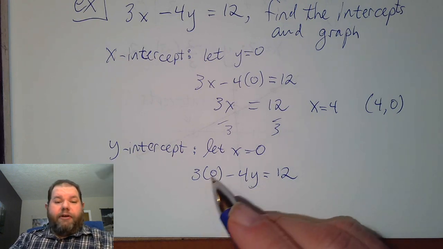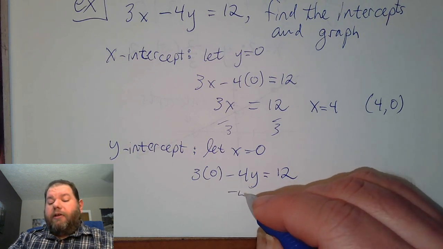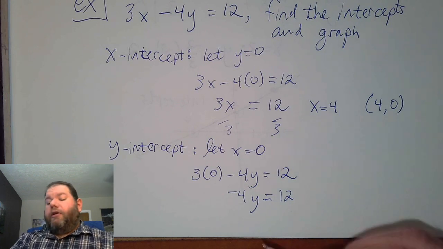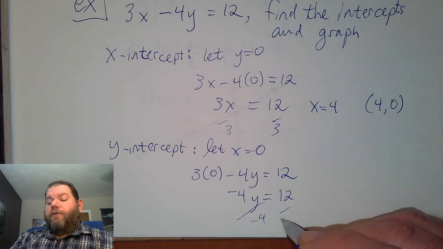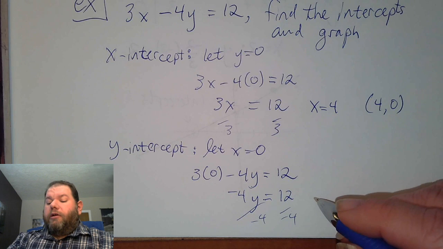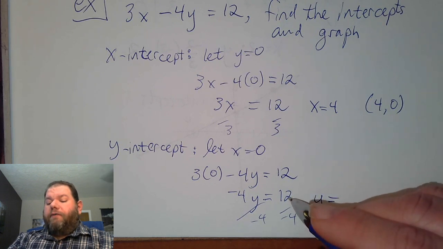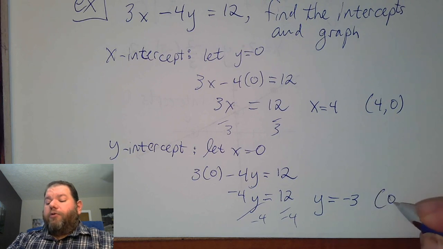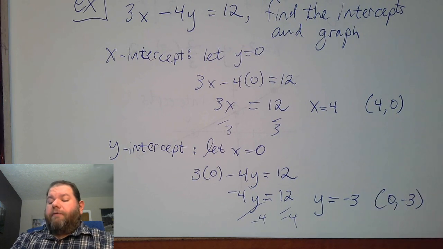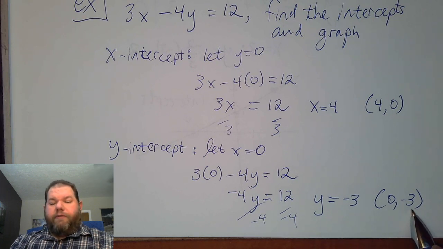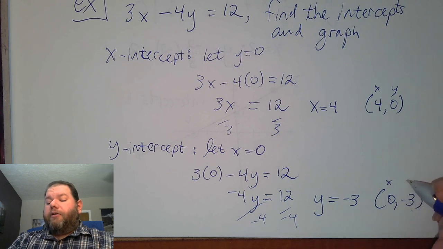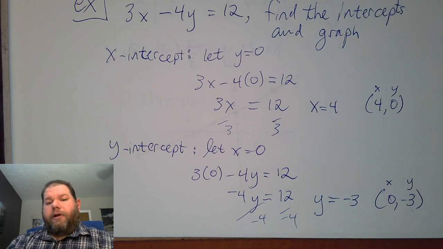And again, 3 times 0 doesn't give us anything, so it's really just negative 4y equals 12 that we're working with. And then we can divide by negative 4, and that'll be a negative 3. Our coordinate would become (0, negative 3), because we plugged in 0 for x and got negative 3 for y. Remember, we always put these in x, y form for an ordered pair.